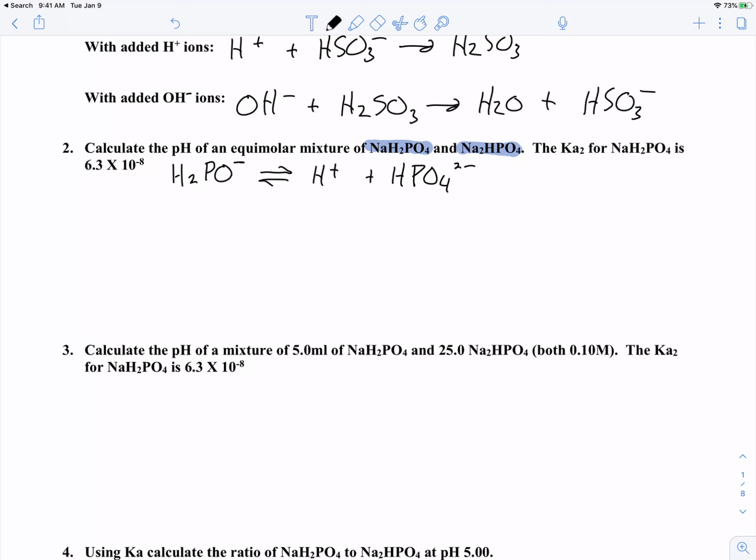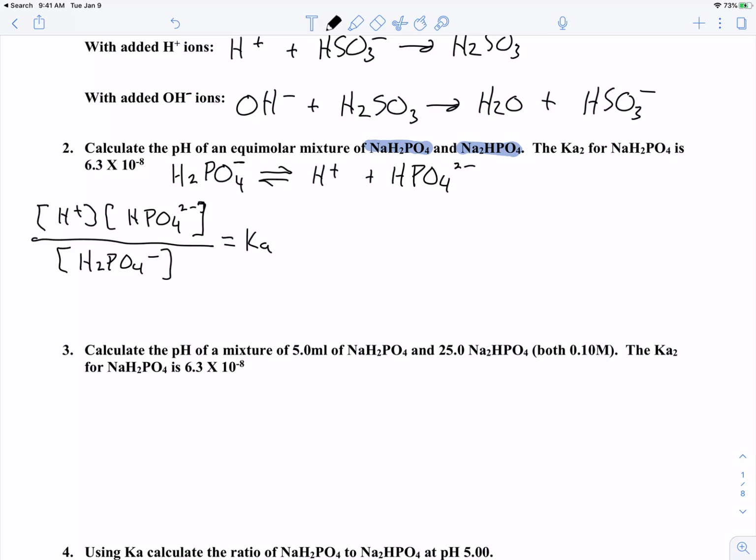So, if we were to show the equilibrium, the Ka expression, over our acid, this would equal our Ka.